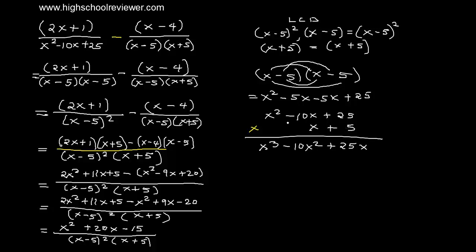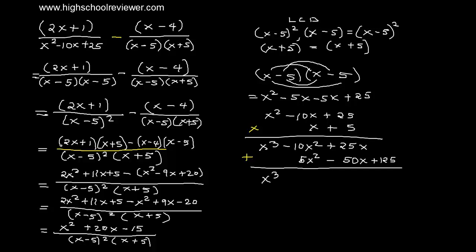So we have here positive 5 multiplied by x squared, that is 5x squared. So we are going to align this to negative 10x squared. So this will be 5x squared. And positive 5 multiplied by negative 10x, that's negative 50x. Positive 5 multiplied by positive 25, that will be positive 125. And then no term here, we will just bring down x cubed.